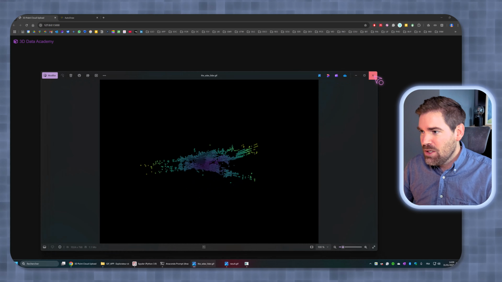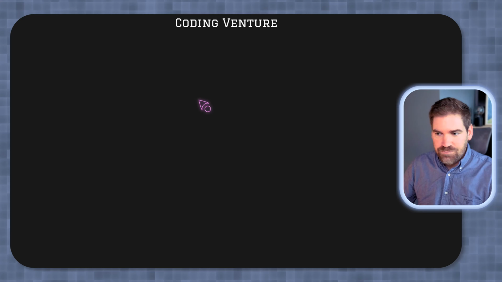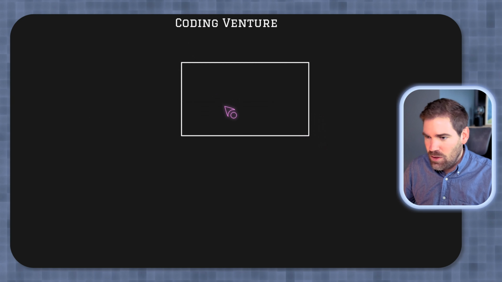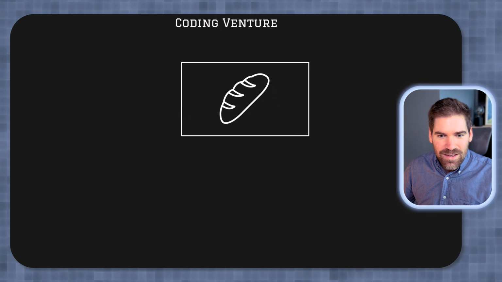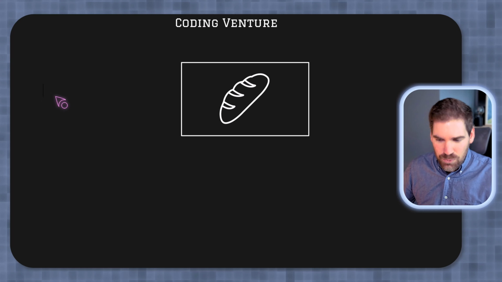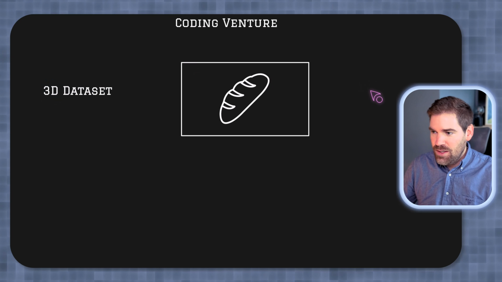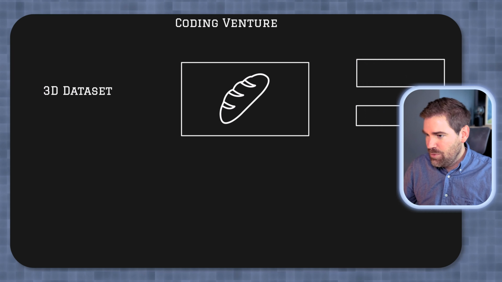So let me close everything and show you how we can do that. What we want to do is very simple. We'll generate this, I will try auto draw. This will be our bread. And essentially we start with a 3D data set. And what we want to have is a GIF and an MP4.